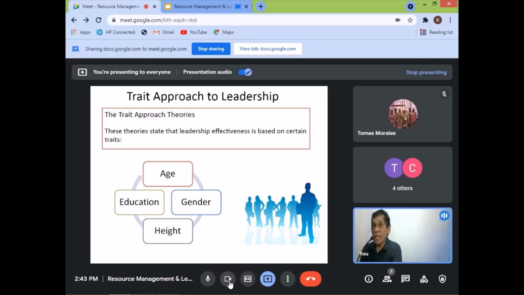But in the Hay method of job evaluation, the system that I have attended, we don't put in the job description the age, gender, or height. Education is okay. We are putting that in the job description. Why don't we put age, gender, and height? Because that would be discrimination.